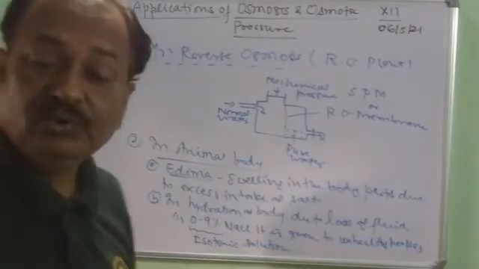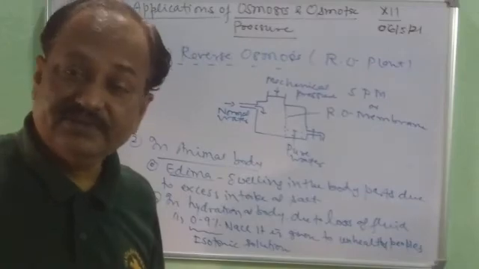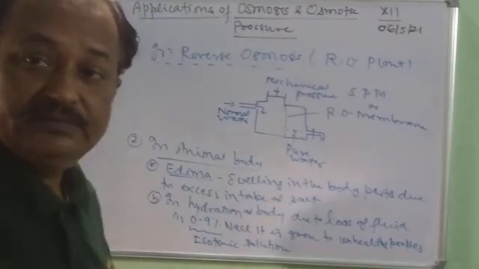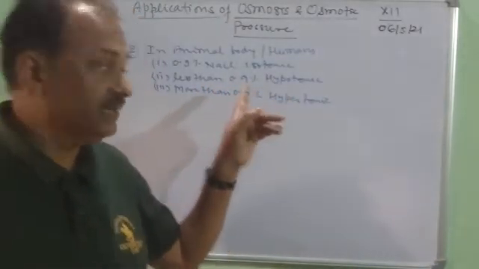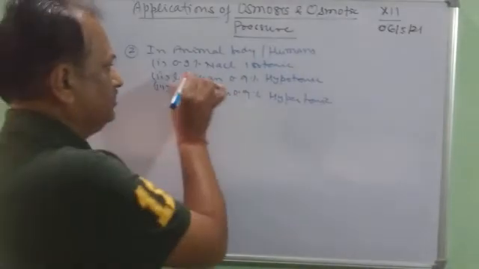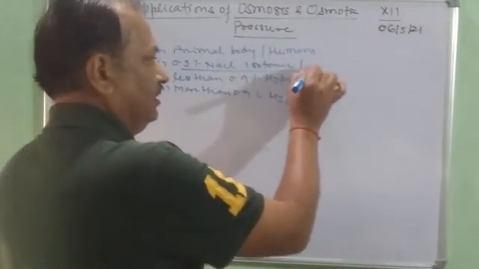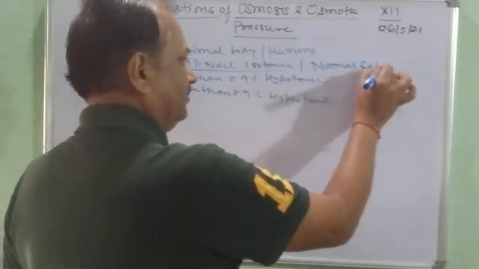Iso means same, tonic means the solution having the same osmotic pressure. It is called an isotonic solution. So this is one point. Now see, first it is the isotonic solution, so it is called a normal solution, called normal saline.